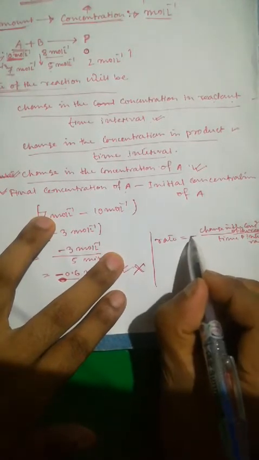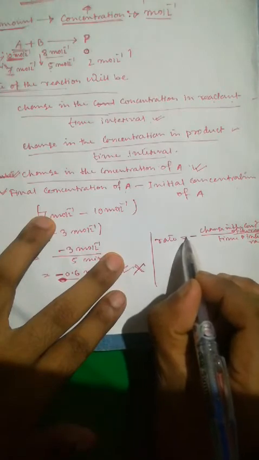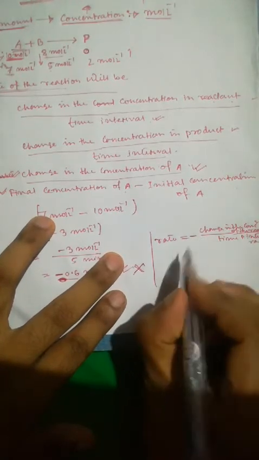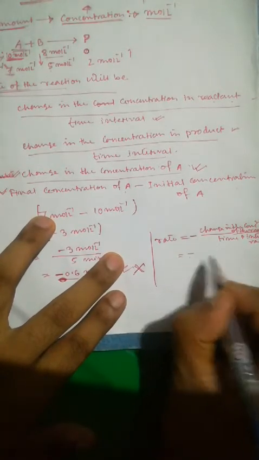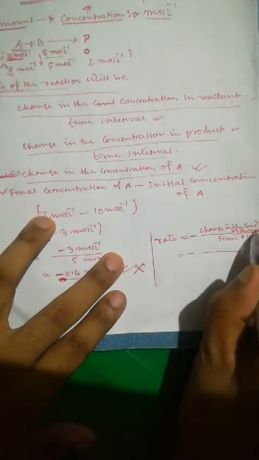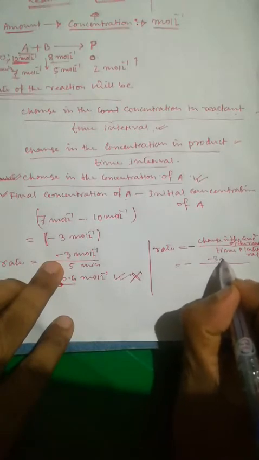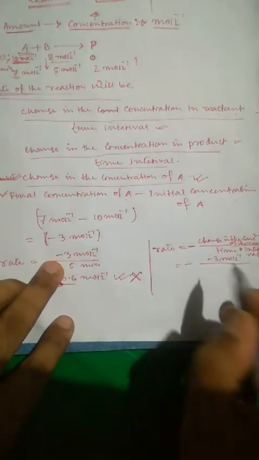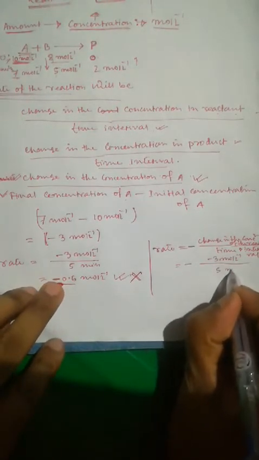So we put a negative sign here in the formula. Now if we calculate this, the formula is negative change in the concentration of the reactant, suppose it is minus 3 mol per liter, and the time interval is 5 minutes.